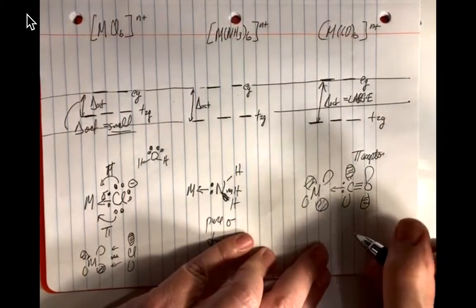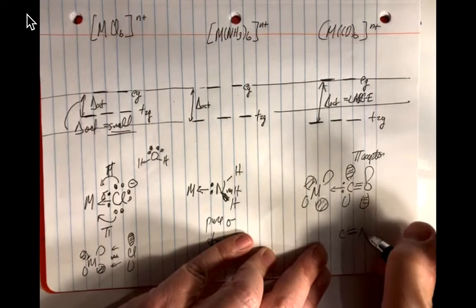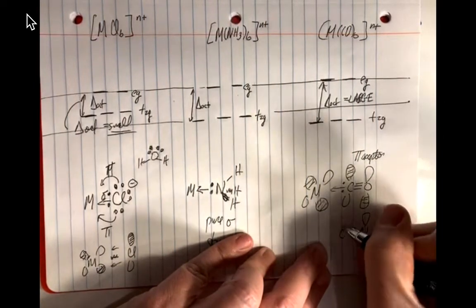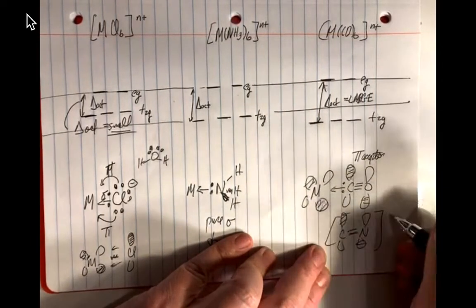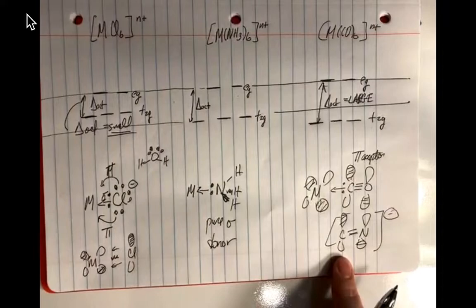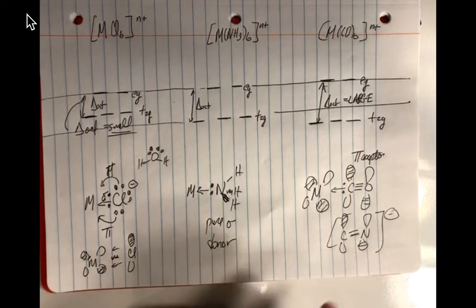Well, of course, things that look like this. So cyanide would be the same deal, CN minus. Also has a low-lying pi star orbital, and this orbital can pull electron density off. But really anything that has a double bond to the donor atom can do this.